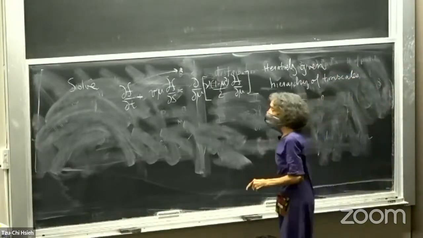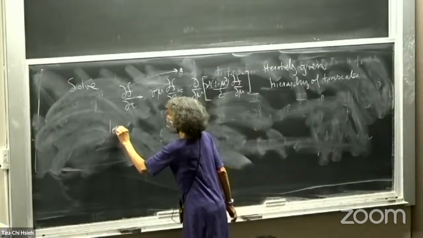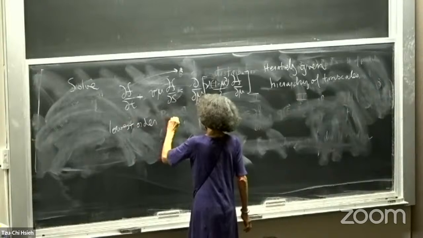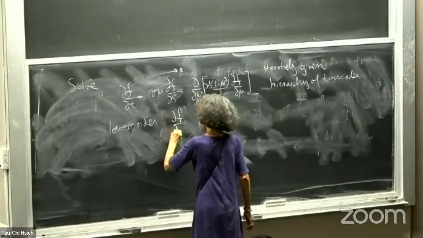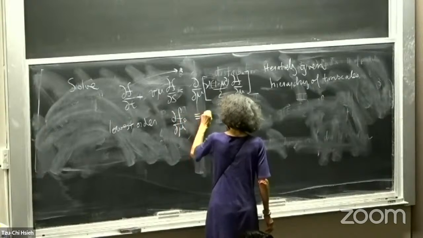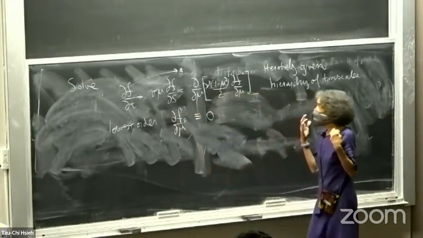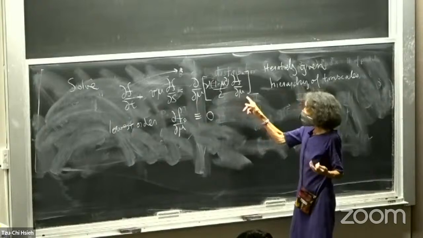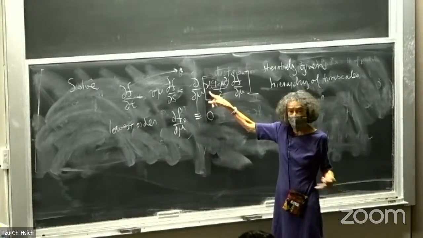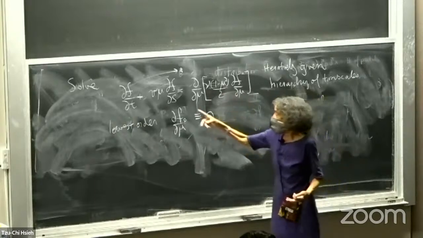To lowest order, df naught d mu is just zero. It's zero because nu is huge and there's nothing to balance it.